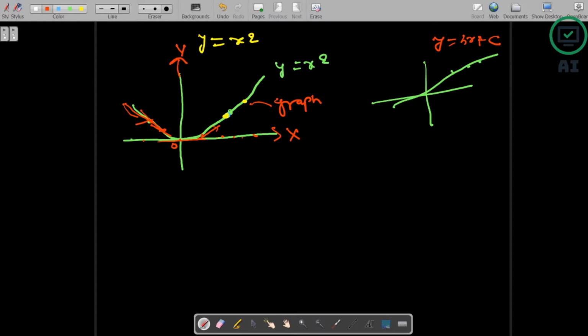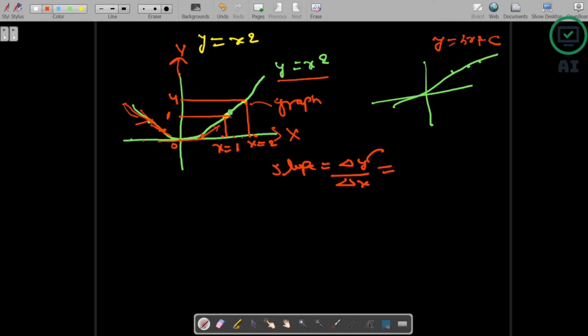Since it is y equal to x square, when x equal to 1, it will be 1 here, and when x equal to 2, the function value would be 4. So what is the slope for this? As we know, slope equal to delta y over delta x. So change in y with respect to x.